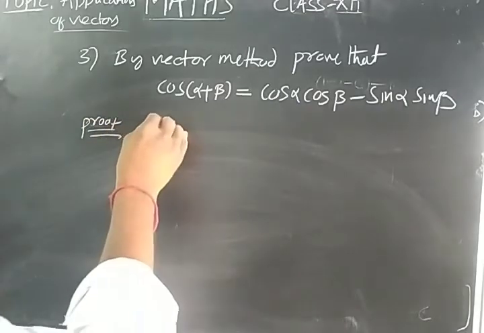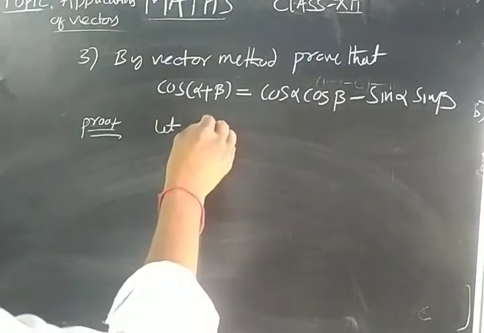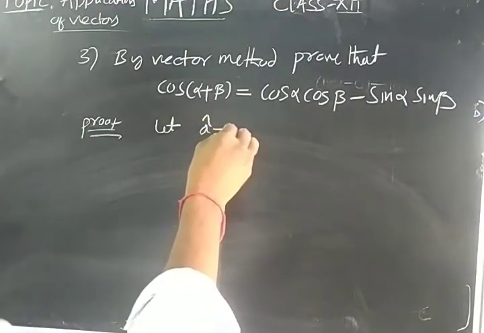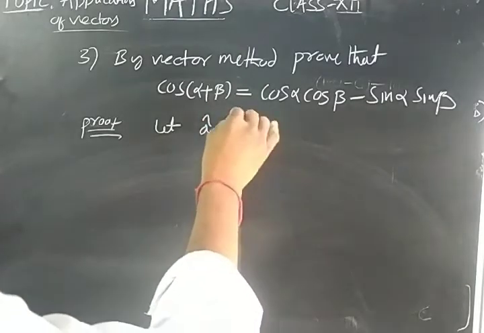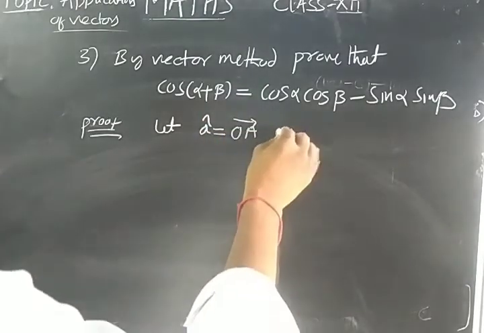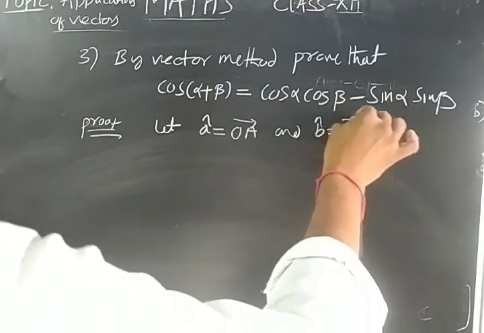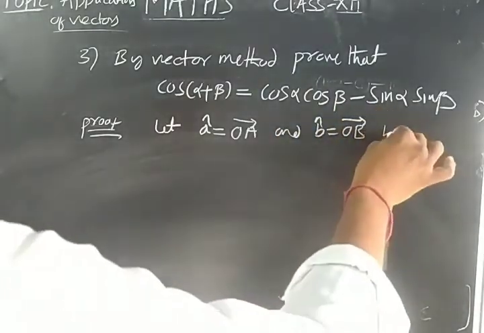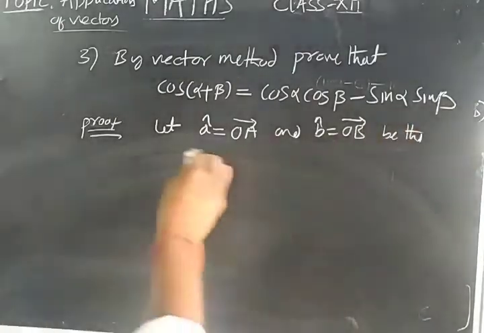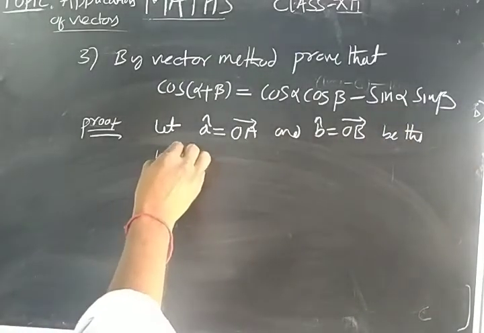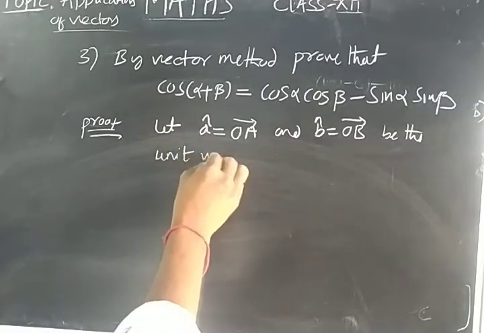To prove this, let me take one unit vector a cap, denoted by OA bar, and another unit vector b cap, denoted by OB bar, the two unit vectors.